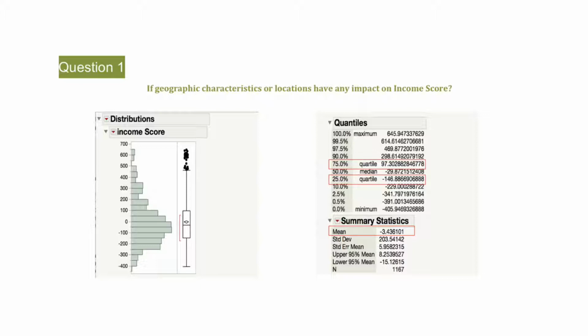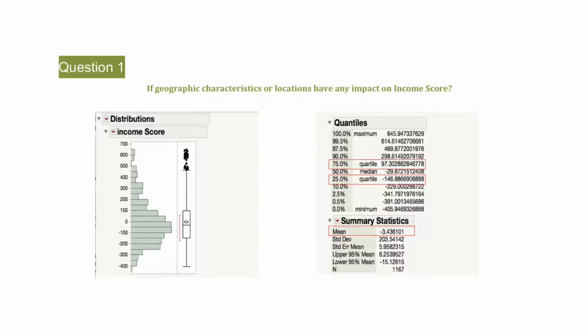The average income score of all the chain restaurants is -3.44, and 50% of the restaurants are distributed between -149.89 to 97.3.